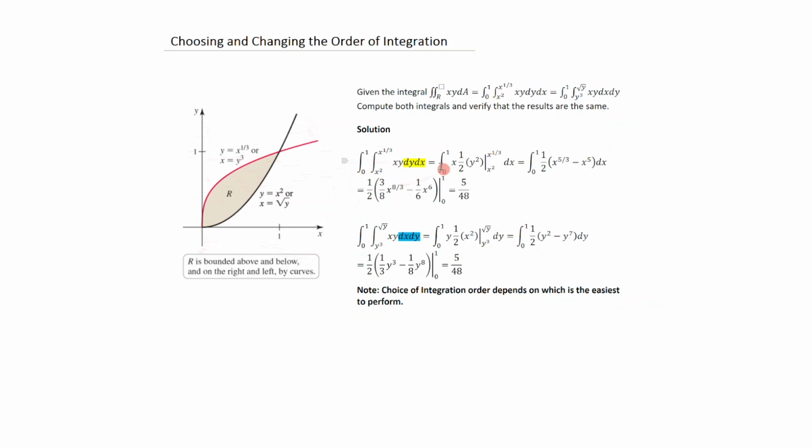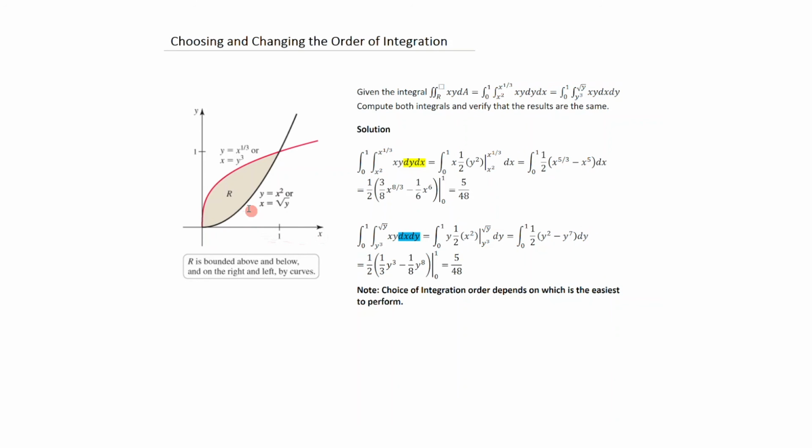So we just go through the process of integrating. You integrate with respect to y holding x constant, and then lastly you integrate with respect to x, and you get 5/48. If we reverse the order, that is dx followed by dy, then x has to be a function of y, which means that we're now looking at this being the upper one. Why?